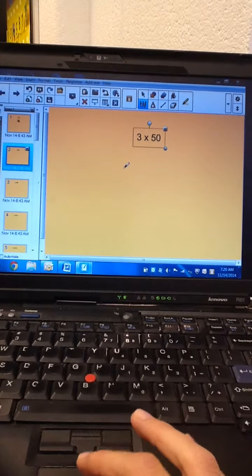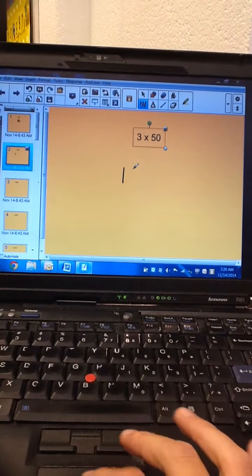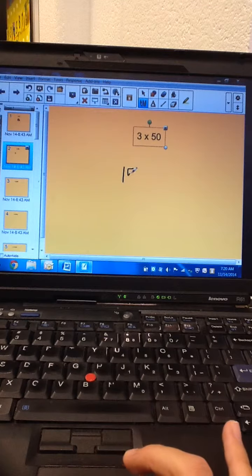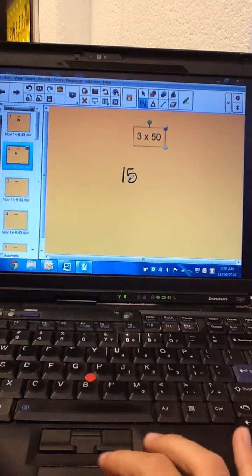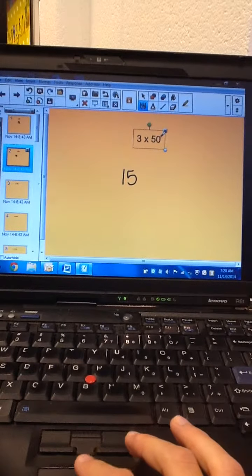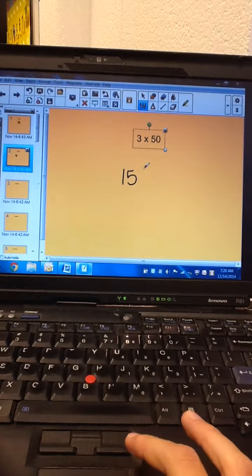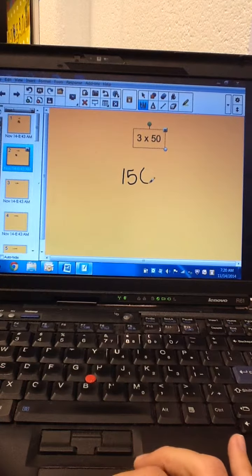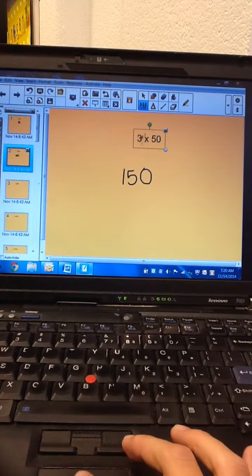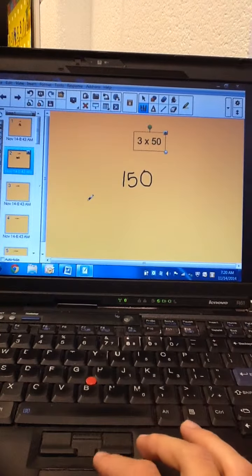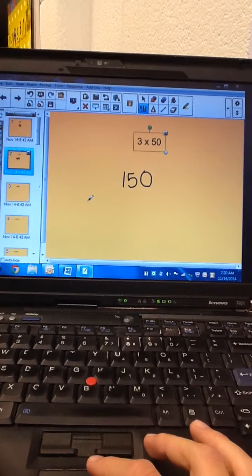And 3 times 5 we already said was 15. Then we have a 0 right here, so we add that to the end. And our answer to 3 times 50 is 150. Pretty simple, isn't it?